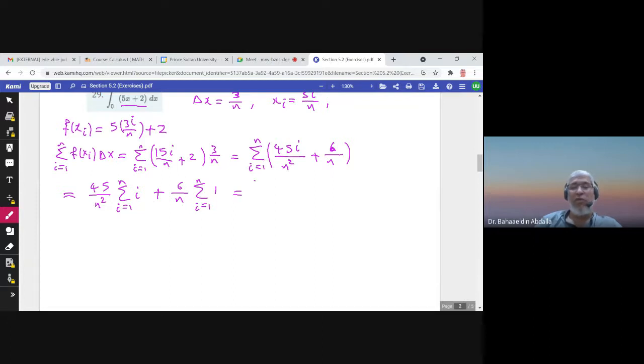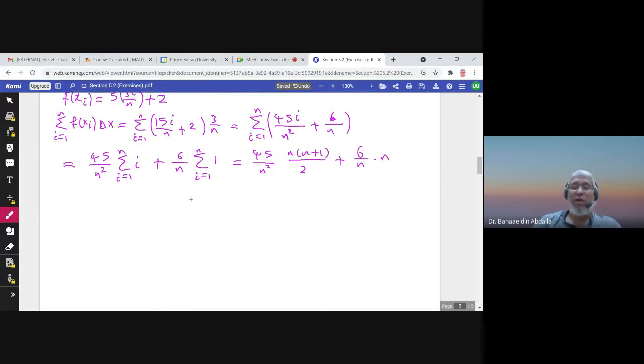Now this would be 45 over n squared, and the summation of i by the formula is n times n plus 1 over 2, and here 6 over n, and this summation is equal to n. If you have any problem here, please watch the video about section 5.2, because these are exercises about that section, so we are just using the formulas in that section.